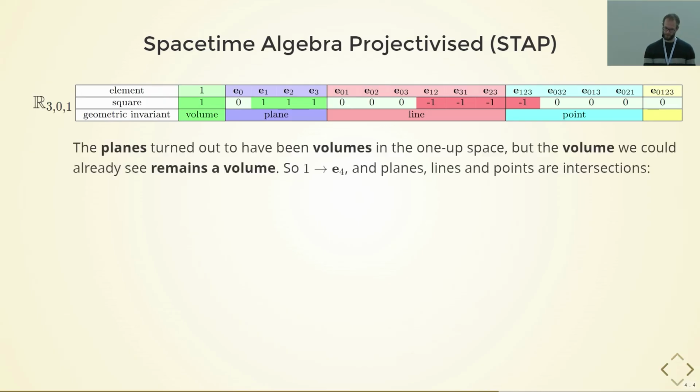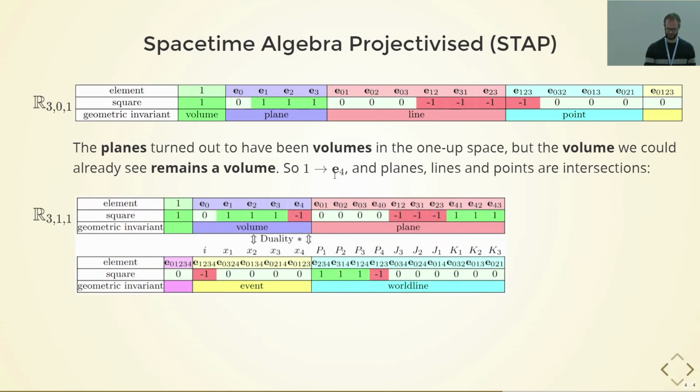So you have that, but you also have the volume itself, and that will remain a volume once you rotate in one extra dimension. So what looked to be planes are going to be volumes, but the volume I could already see will stay a volume. And so I will use an extra basis vector again, E4, to move the volume up to the level of the vectors. So then you get this algebra, 3, 1, 1.